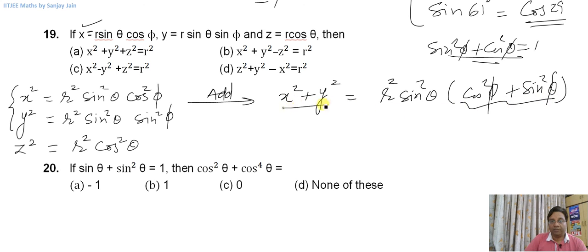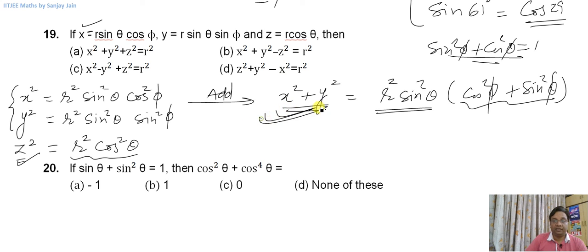So x square plus y square I know is equal to r square sine square theta, and z square I know is r square cos square theta. So we can notice that if I add this equation and this equation, then I'll be able to take r square common from the right hand side, and I'll get sine square theta plus cos square theta in the bracket.